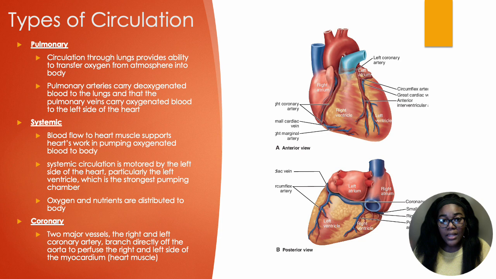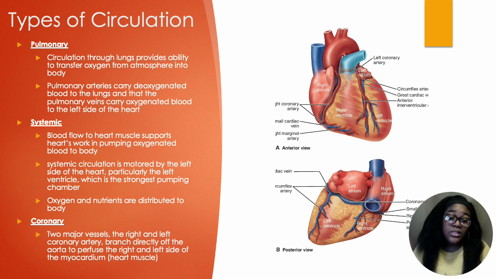That oxygenated blood is now carried through the pulmonary veins to the left side of the heart. And once we reach that left side of the heart, we now have oxygenated blood, and it's going to work to be squeezed through the aorta to the rest of the body. So this is the process by which we get oxygen into the blood circulatory system.